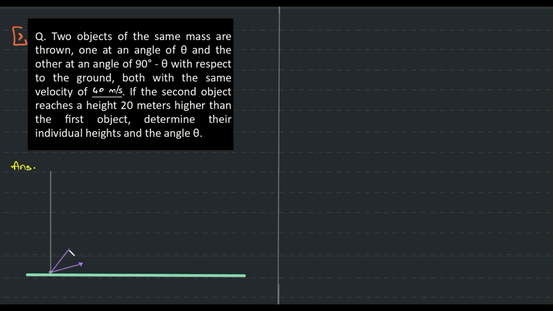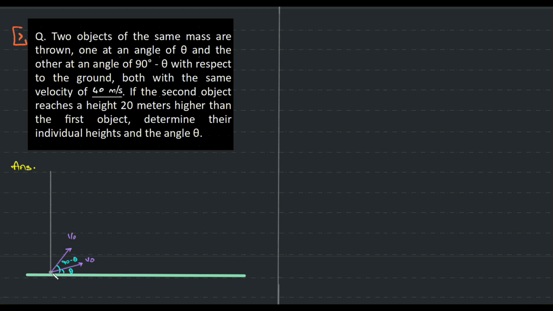So they are thrown with the same initial velocity, v0. But this is at an angle of theta and this is at an angle of 90 minus theta. And both obviously will have the same range.